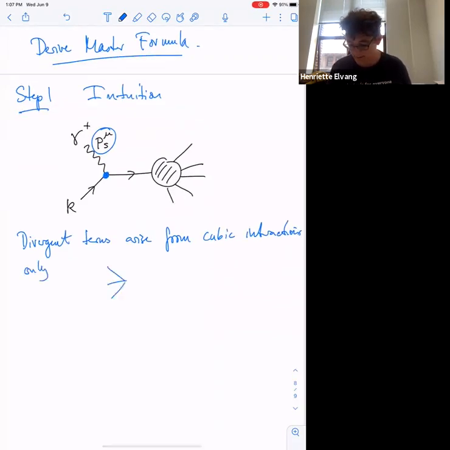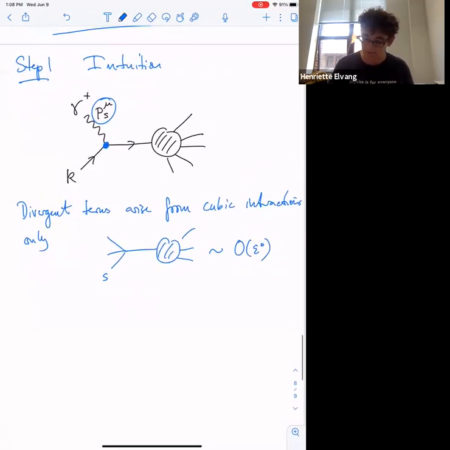If I had some 4-particle interaction like this, and I take one line soft, the internal line doesn't go on shell when my other momenta are generic, as I will assume that they are. So this diagram here would be order epsilon to the 0. It couldn't possibly have a divergent piece arising from it. So again, the soft part comes from basically this type of term here.